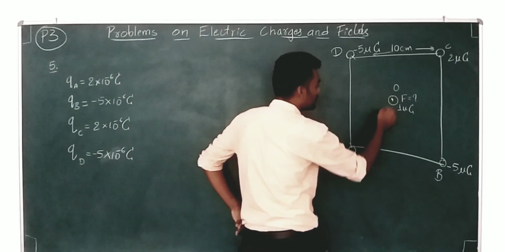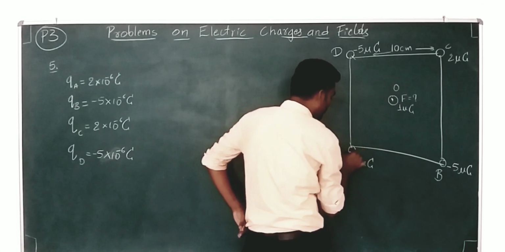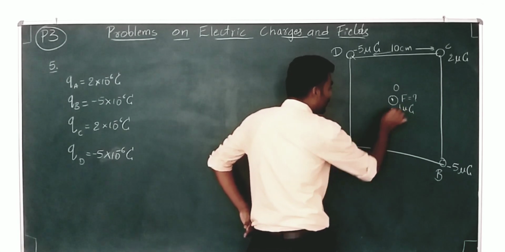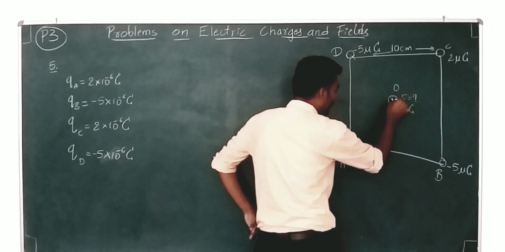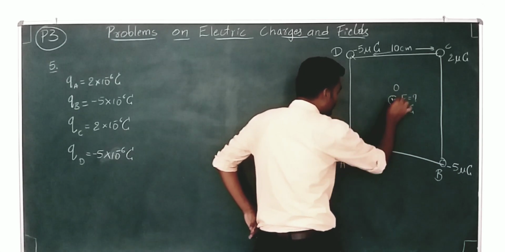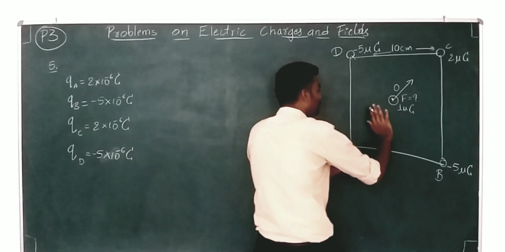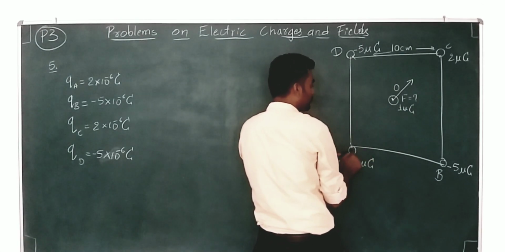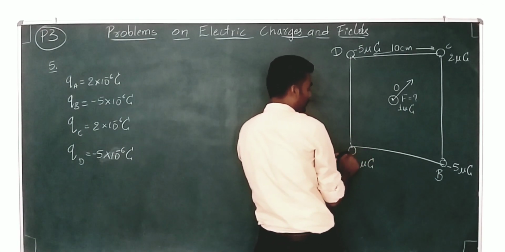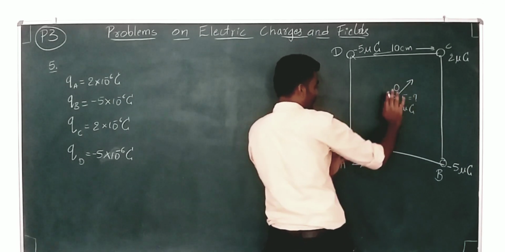So they will repel each other. Due to this charge A, the charge at the center O will experience a repulsive force, which means it will be pushed away from the vertex A, in this direction.